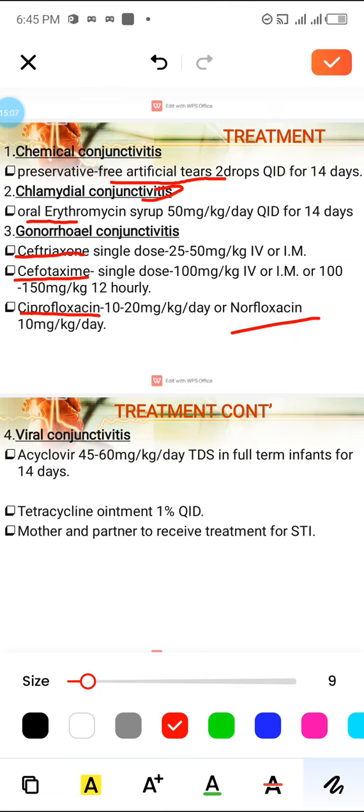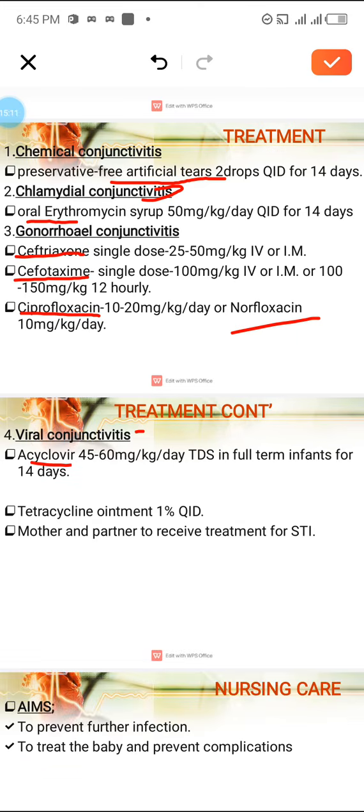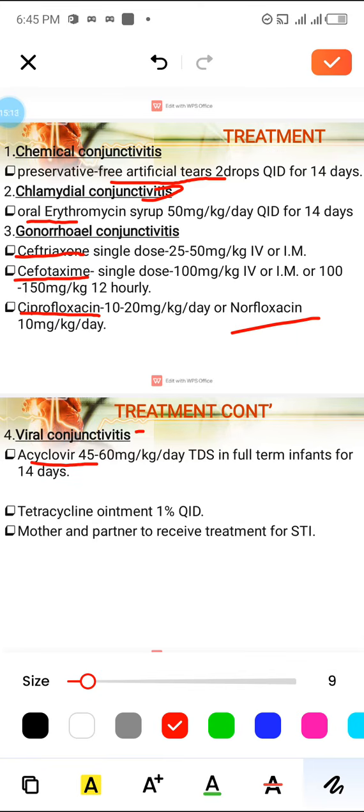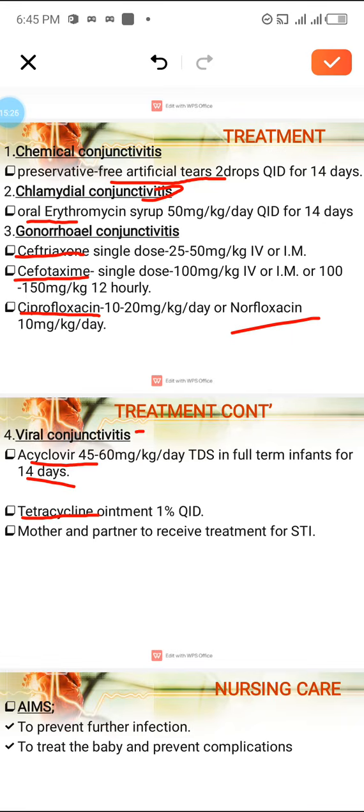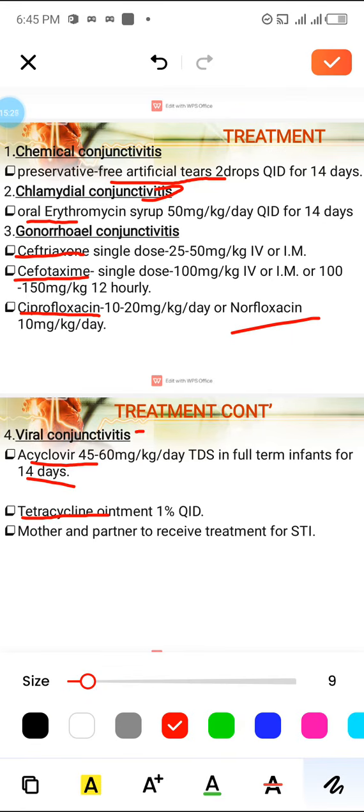What about if it's a viral conjunctivitis? You use antiviral drugs such as acyclovir. Acyclovir 45 to 60 milligrams per kg body weight per day TDS in a full-term infant for 14 days. That's what you do. Then for other supportive treatment, you can use TEO, which we call tetracycline eye ointment 1% QID.